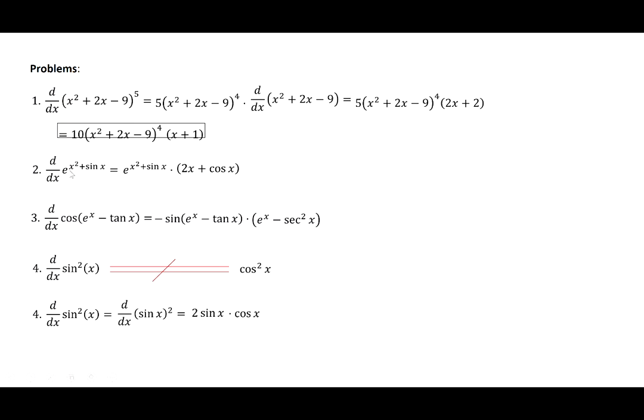Look at this problem too. We did e raised to x squared plus sine x. How did we do that? Well, we thought of this as e to the u, and then said e to the u times the derivative of u itself. Is this problem any different?